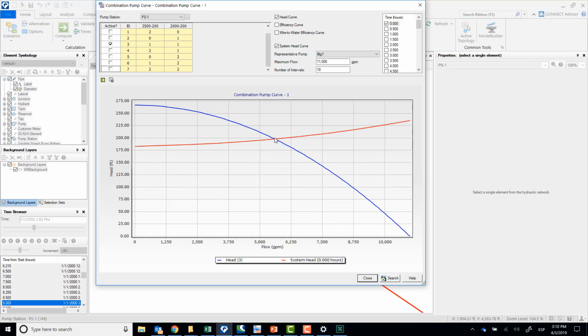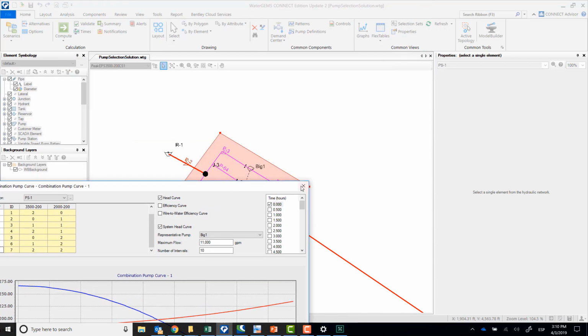Yeah. So that, again, is obtained by interpolating the system head curve, which is independent of the pump, simply with the point where it would meet the combined pump curve. Yes, so this is done because remember we have this system, and let me just back up here for a minute.